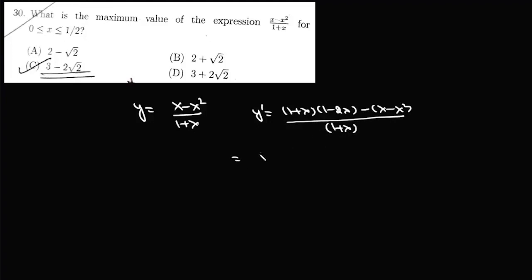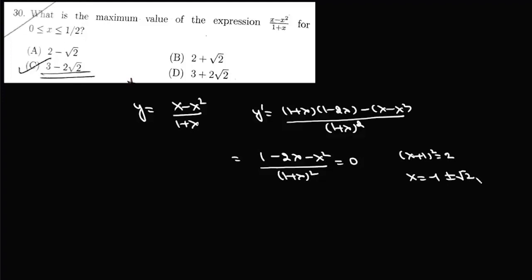Now this is 1 and then minus x minus x. So there'll be minus 2x² plus x², so there'll be minus x² upon (1 + x) whole square. Now if we put it equal to 0, we'll get critical points as (x + 1)² = 2, or x = −1 ± √2.